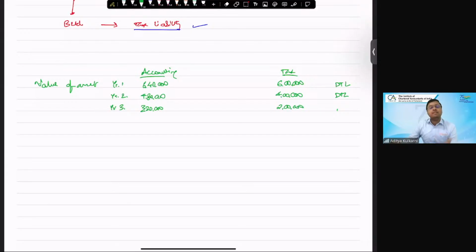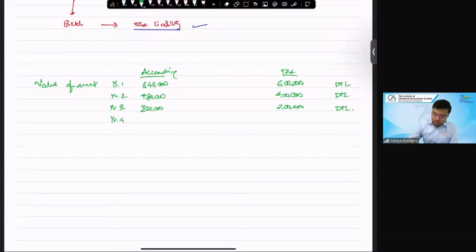I am again using this asset, but against this asset I will have a taxable value of 2 lakhs that I can write off, against an accounting value of 3,20,000. So 1,20,000 will be the higher profits that you will accumulate in the future. So this becomes a DTL.